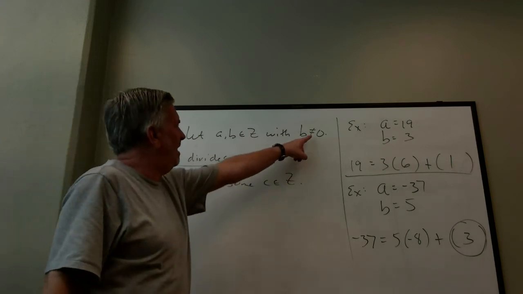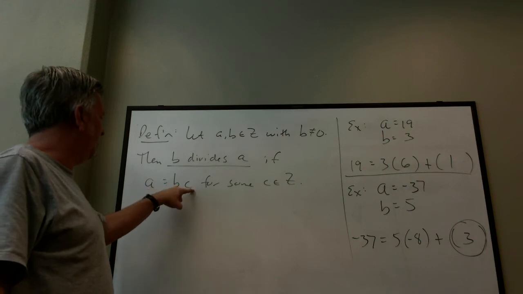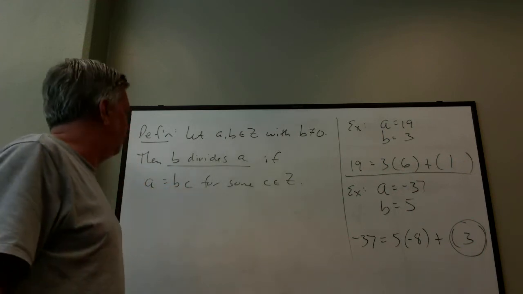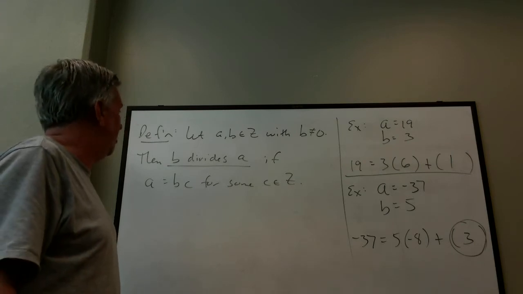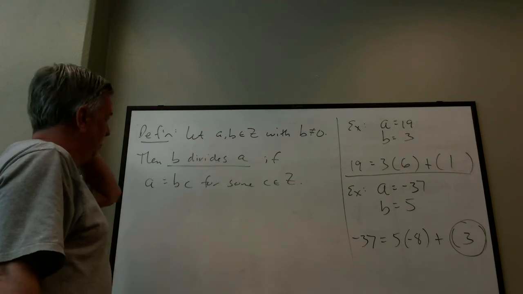And so why not b equal to 0? Because if b is allowed to be 0, then 0 times c would be 0. A has to be 0. So you put yourself in a box, right? If b is 0, a has to be 0. So it's not very interesting.